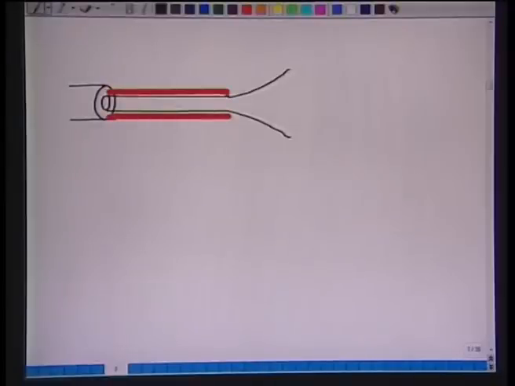Now, in the next figure you see that this is an oxygen jet. This oxygen is discharging, and this is a flame. Here is a mixture of oxygen plus natural gas.